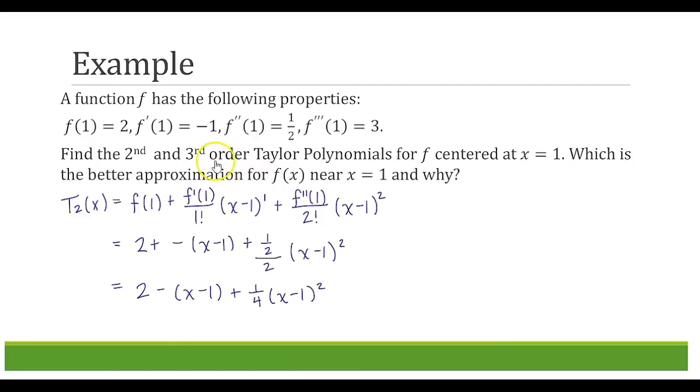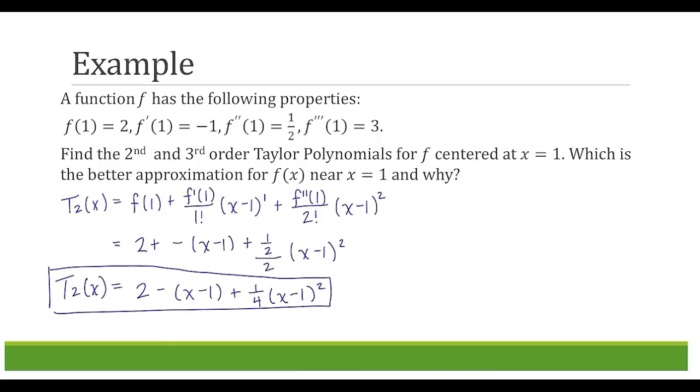So now let's go ahead and find the third order Taylor polynomial. And that means that the highest derivative that we're going to use is the third derivative at 1. So what we're really doing is we're just going to go one additional term out. So I can go ahead and say this is T sub 2 of x, and that's part of my answer. But finding T sub 3 of x is simply going out one additional term here.